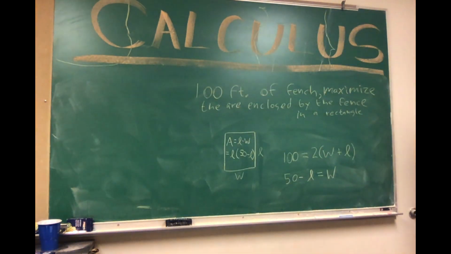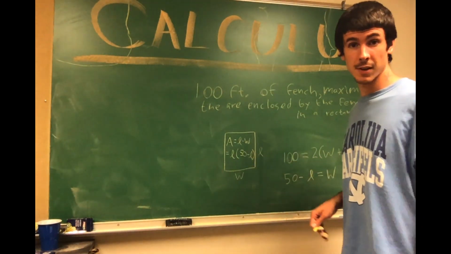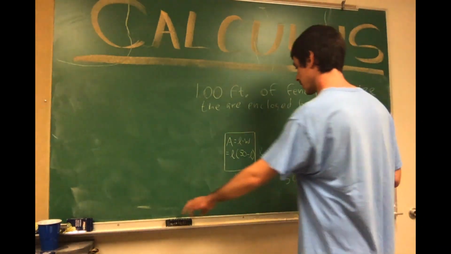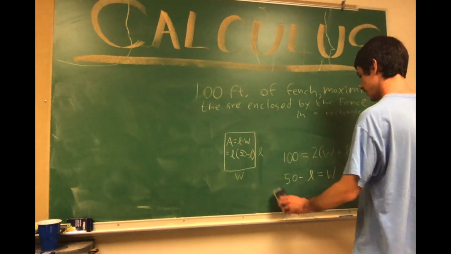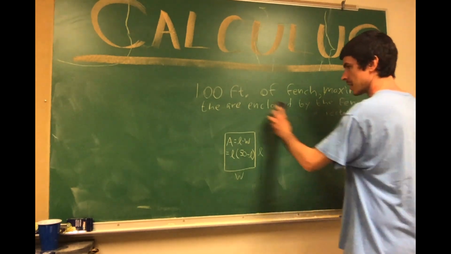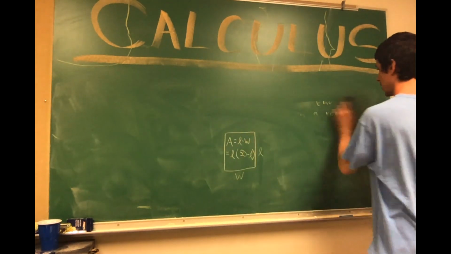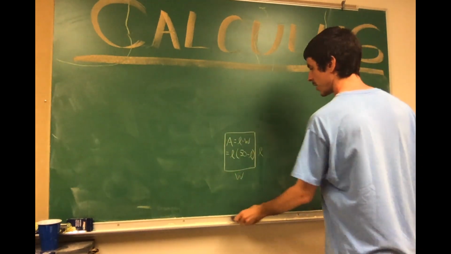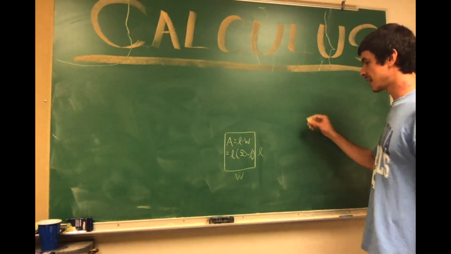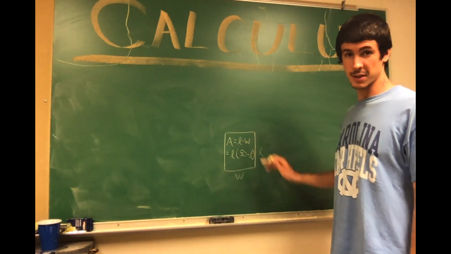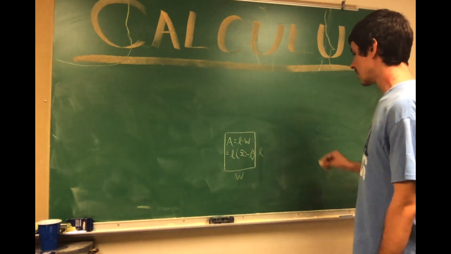Okay, so let's find the critical points of this function. We want to find an optimal length and an optimal width. This is now just a function of length, because the width is determined by the length.